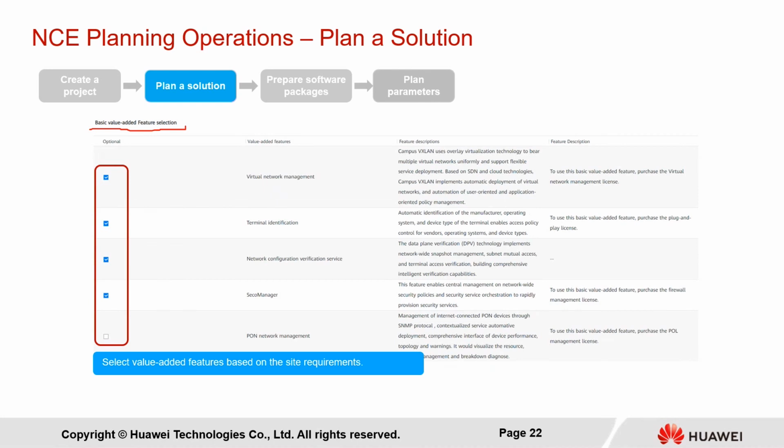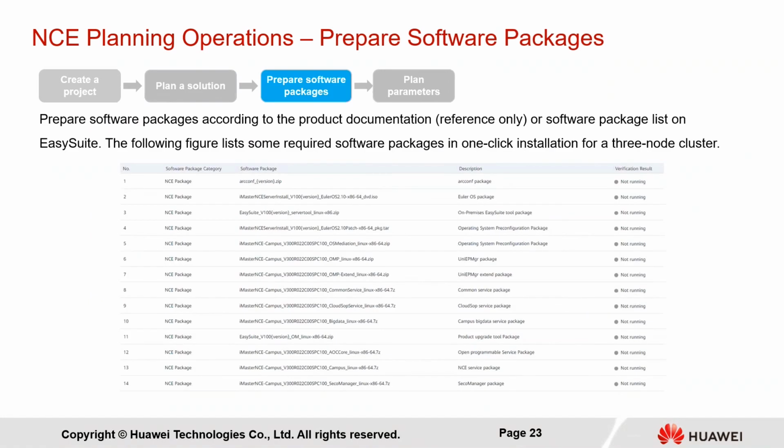By default, we select virtual network management, terminal identification, network configuration verification service, and cycle manager. And the next one, after that, Easy Switch will give you a list of all the required packages. Based on your previous settings, as discussed previously, you can either download them on EasyGet or manually download them from the Huawei support website.